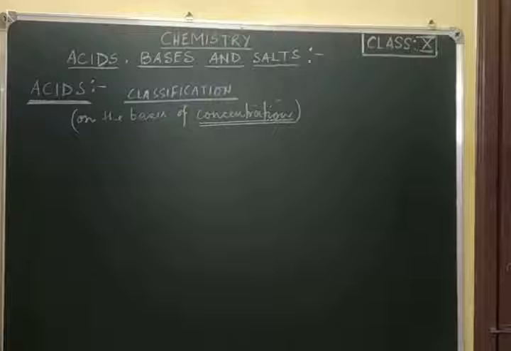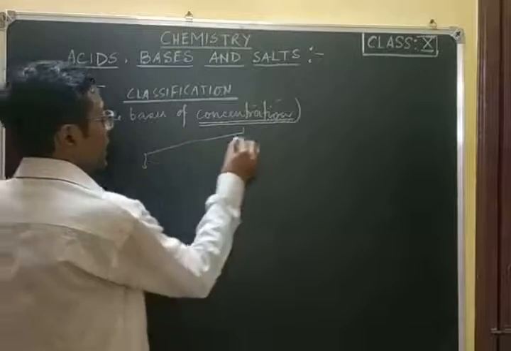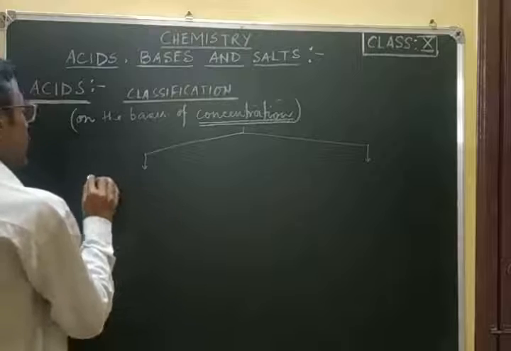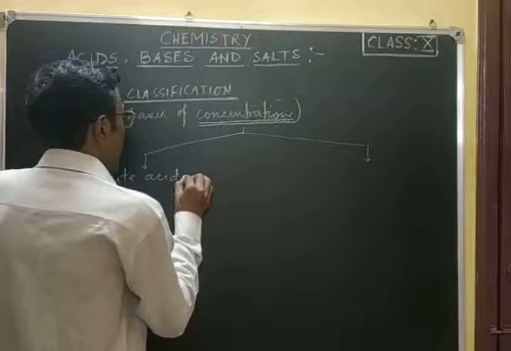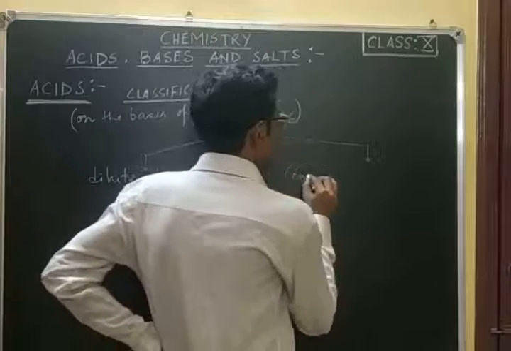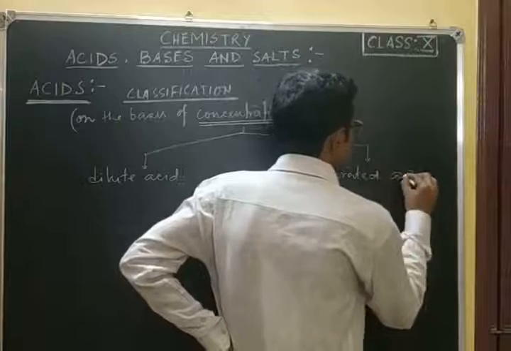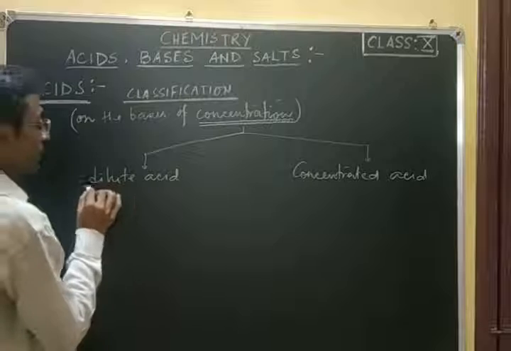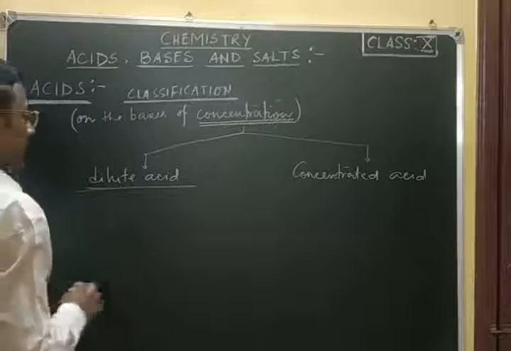Now on the basis of concentration, again this is an easy thing. Acid can be classified into two categories. One is called dilute acid, another is called concentrated acid. So what are dilute acids? Remember, the acid in which the percentage of water is more, that acid is called dilute acid.